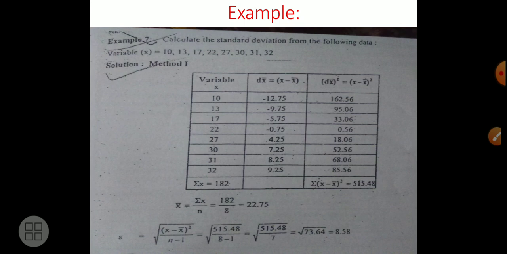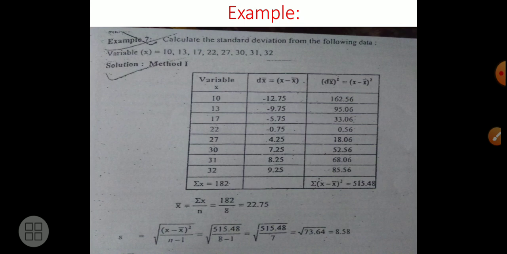Now at the time of square we have to take x minus x bar, so 12.75 square is 162.56, plus 9.75 square is 95.06, 5.75 square is 33.